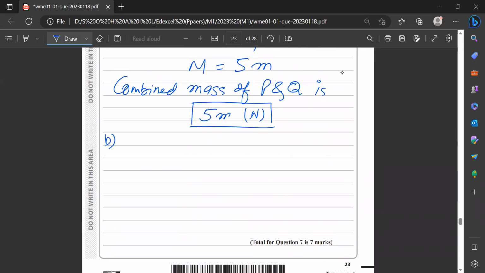For part B, I'm not showing the cable, but this force is acting. The main focus is on point P, the force exerted on P. So I'm going to highlight only that part of the question, which is P is here.